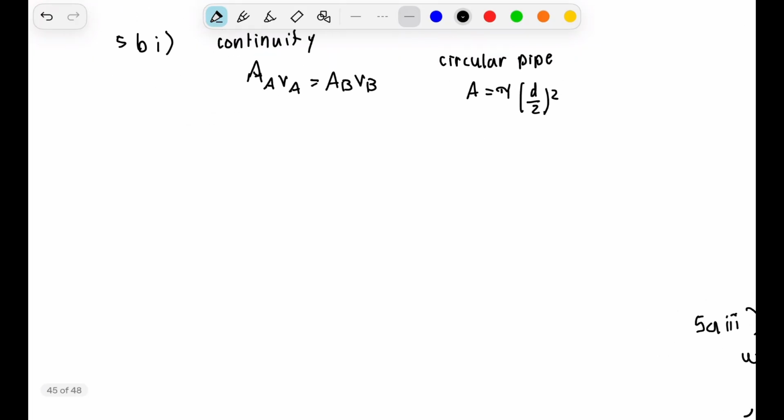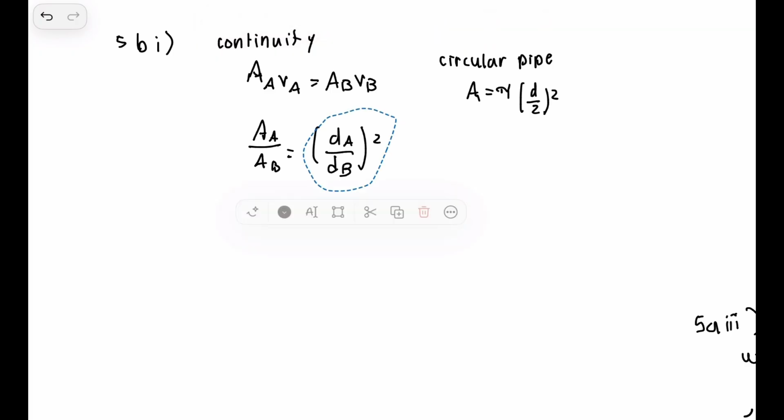So if we substitute that in, we have area A times VA is equal to our area B times VB. Or we can actually take the ratio of area A over area B. Area A over area B is going to be dA over dB squared.